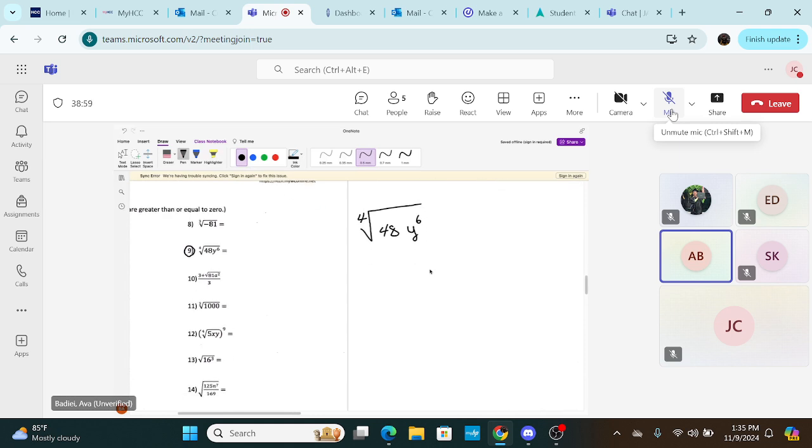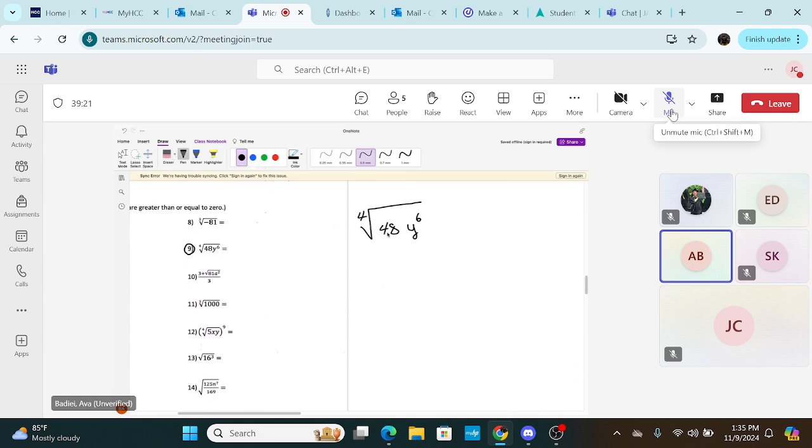The idea of simplifying is that you want the radicands to have the same power as your index. When they have the same power as your index, power and radical cancel. You can just bring it out of your radical. That's usually the goal that we have. Now, how are we going to do it with these ones?